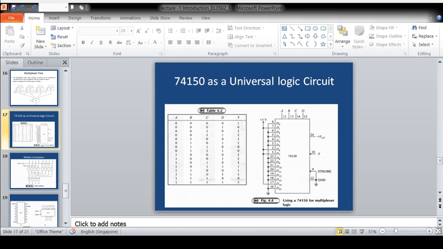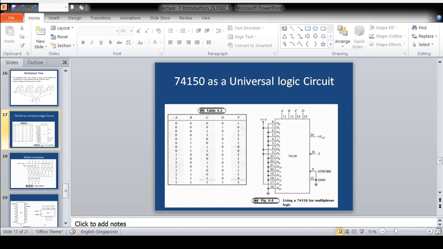If you design a 4 variable truth table and your output is required according to the requirements, such that for certain combinations the output will be high and for other combinations the output will be low, that requirement can be fulfilled using IC 74150.